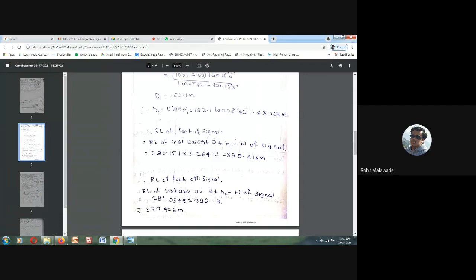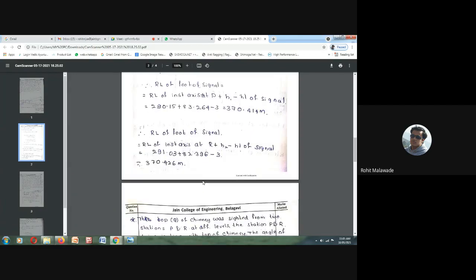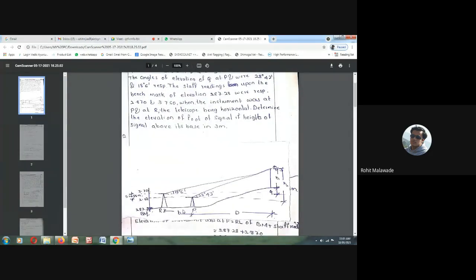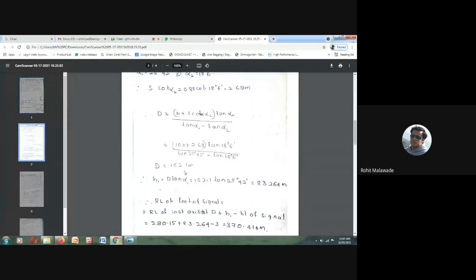H2 is equal to B plus D tan alpha 2, so the distance I need to calculate is B plus D. B is 100, plus this distance we have already got as 252.1. Sorry, by mistake I have written it as 151. It should be 252.1.